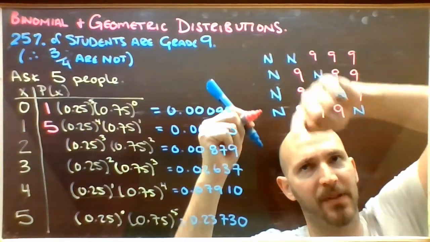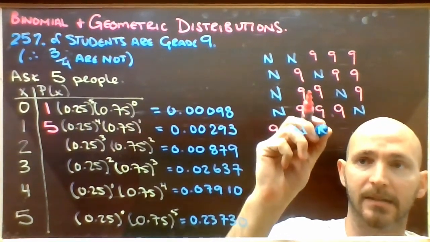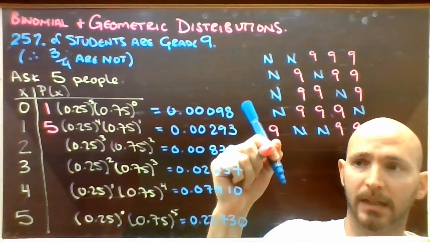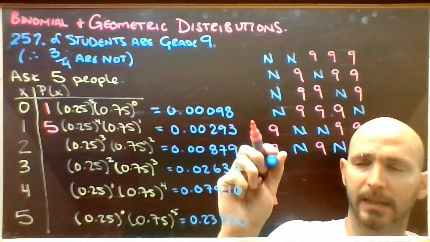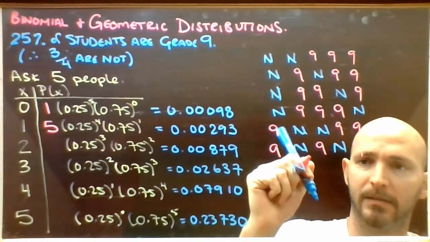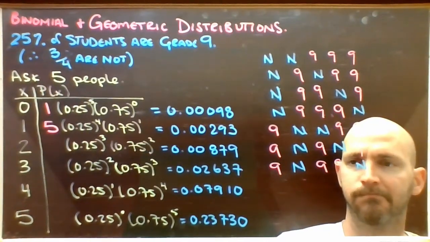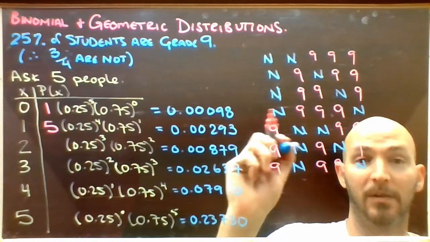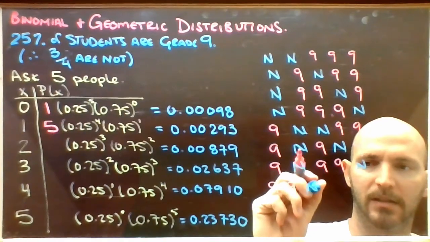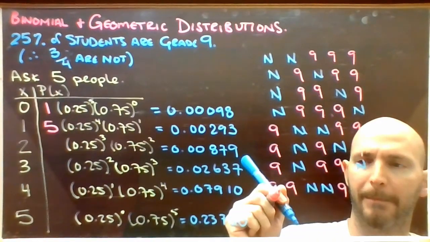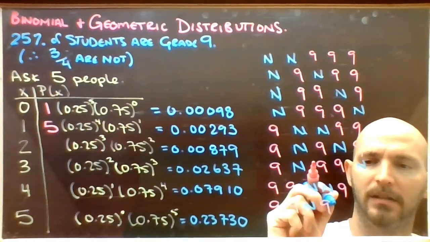Well, that's all the options where there's a non-9 in front. So maybe a non, and then maybe like this. And then like this. And then like this. That's all of them where they're in the second position. So how about 9, a 9, a non, a non, and a 9, a 9, a 9, a non, a 9, a non.